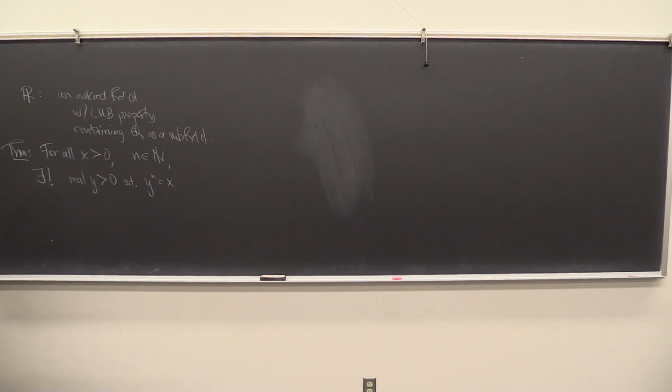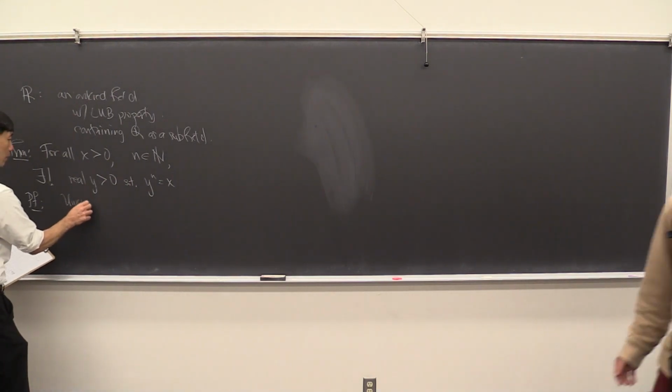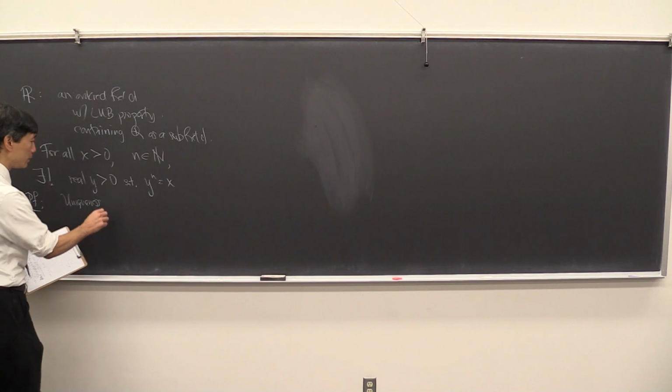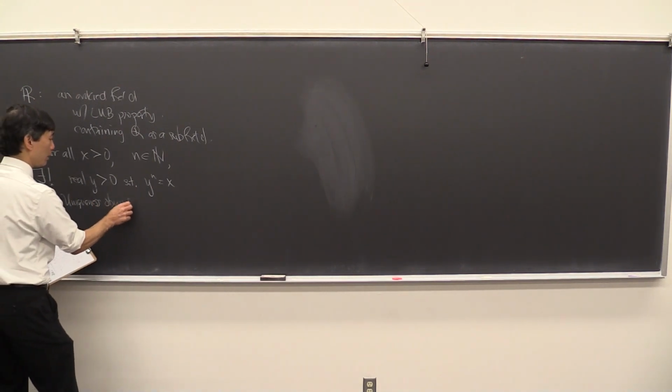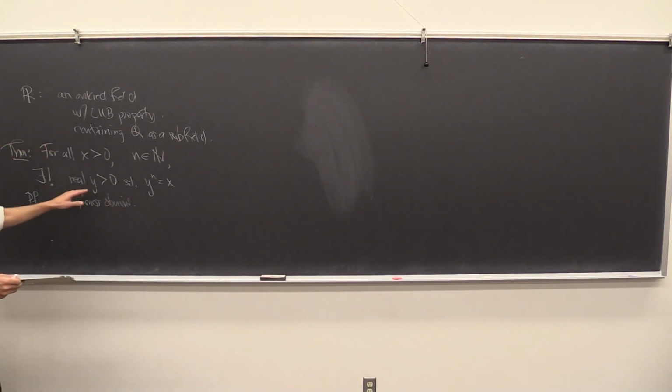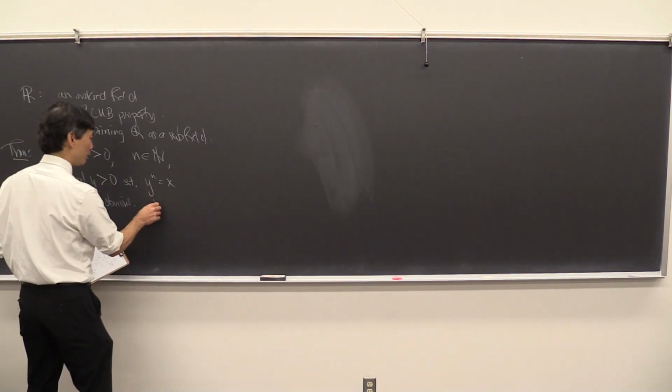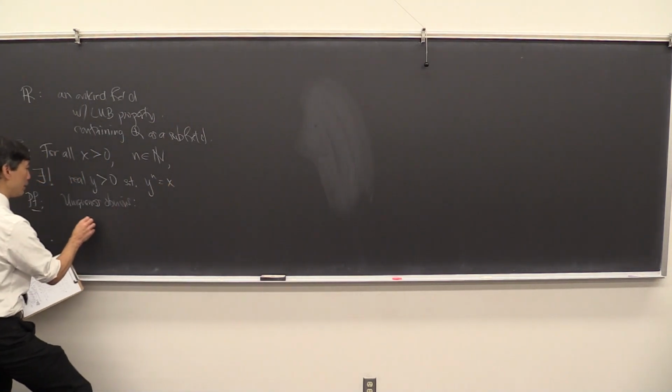Okay, everybody all right? So for the proof, we'll start off by noting that uniqueness is obvious. You can't have two numbers whose nth power is x.